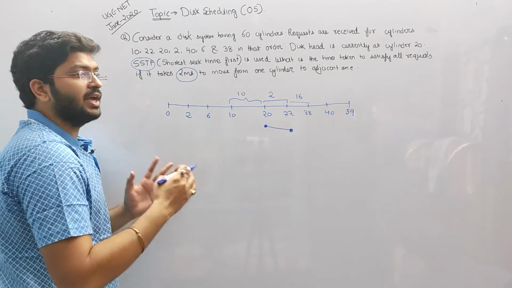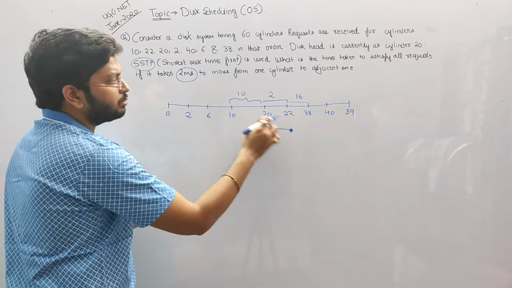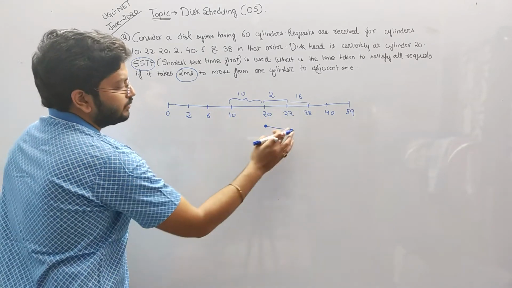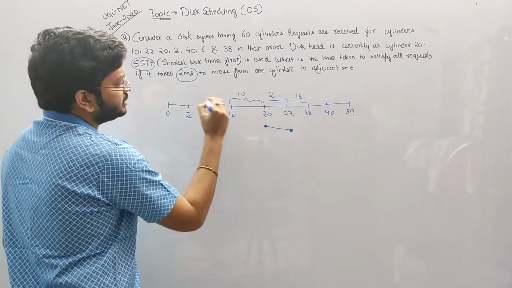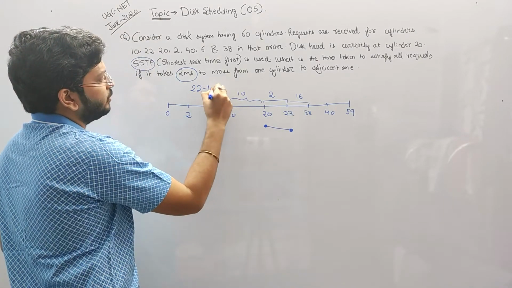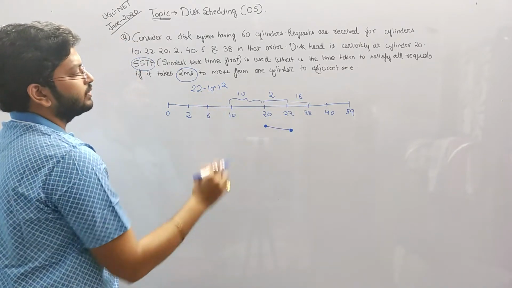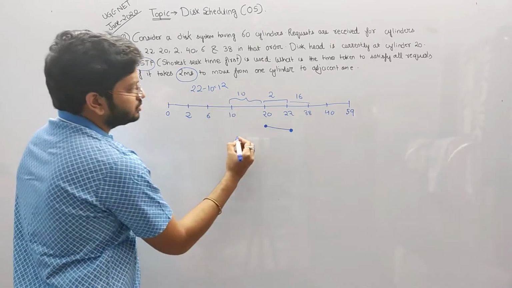The request which has not been serviced yet, I have to check towards the right and towards the left. From 22 to 10, the difference is 22 minus 10, which is 12. So this difference is 16 and this difference is 12. I will move to this side because the difference is less. So I will be moving to 10.